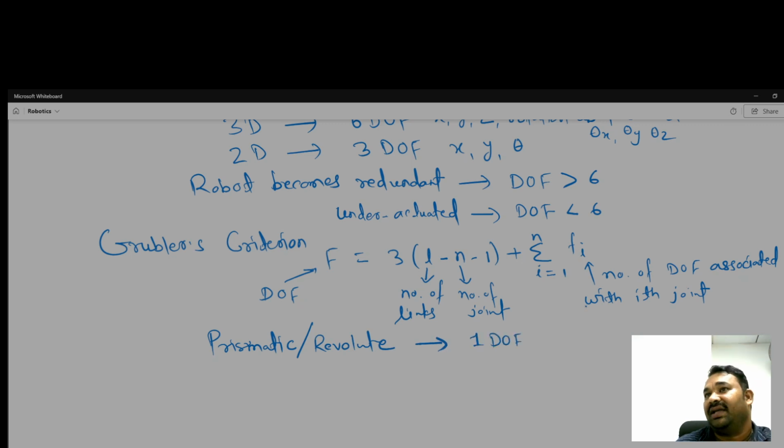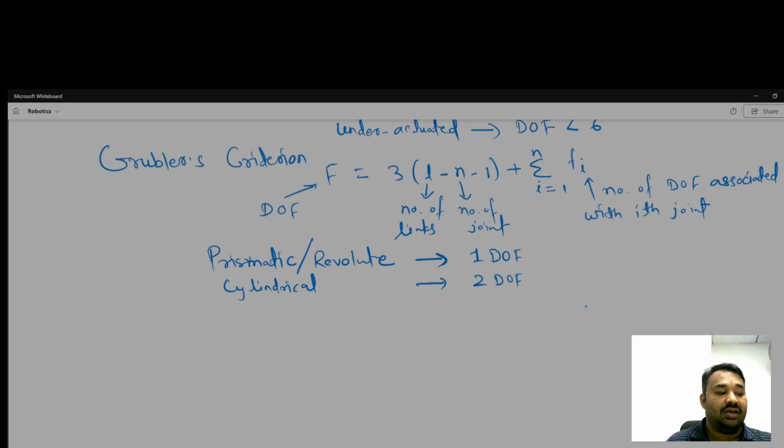A cylindrical or hook joint provides 2 degrees of freedom. And a spherical joint provides 3 degrees of freedom, since it can rotate about all the axes.